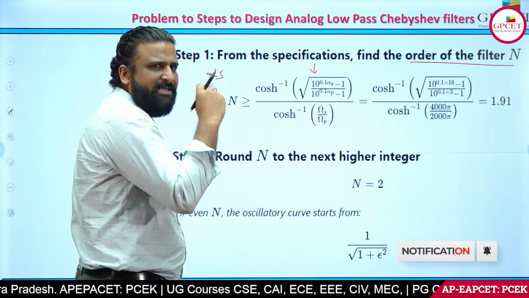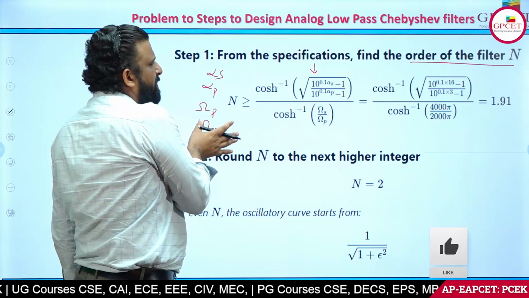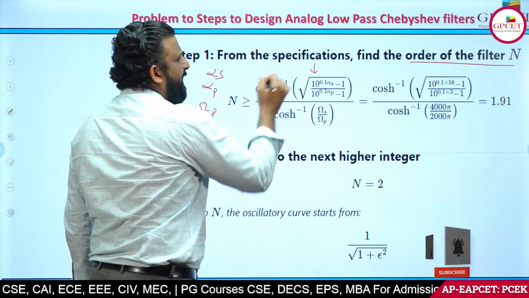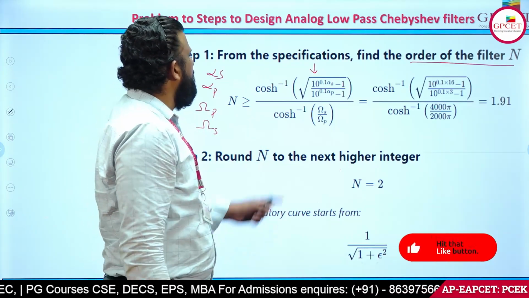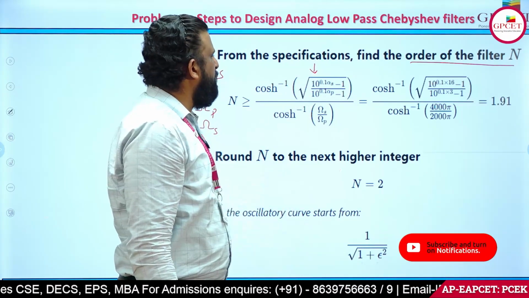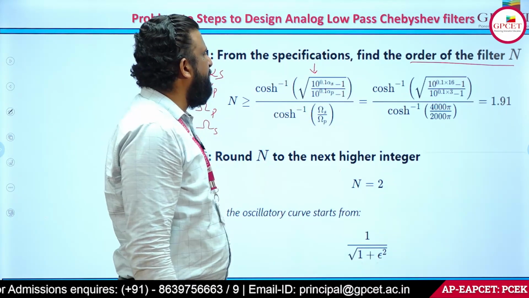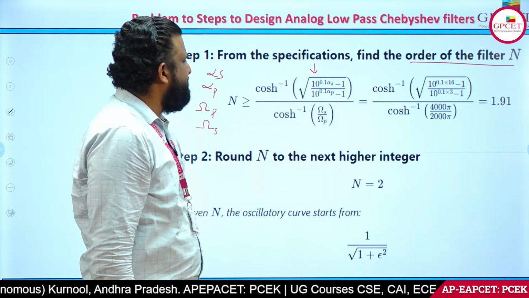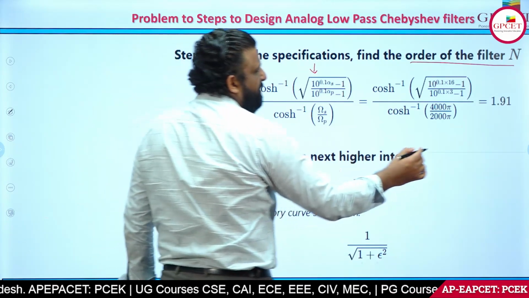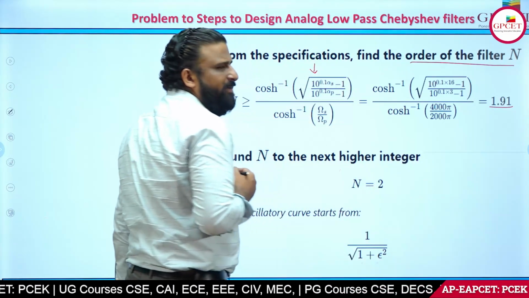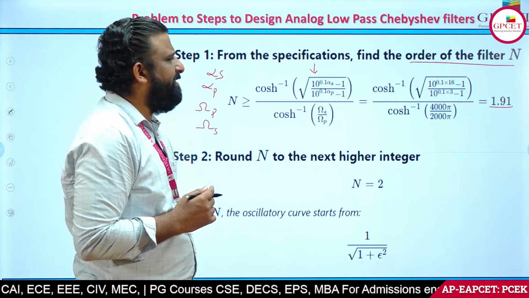We have seen 2 formulas in this step, and according to the specifications in the problem, I choose this formula: N greater than or equal to cosh inverse of square root of (10 to the power of 0.1 alpha s minus 1) divided by (10 to the power of 0.1 alpha p minus 1), whole divided by cosh inverse of omega s by omega p. After substituting all the specifications, the value I got is 1.91. So N is greater than or equal to 1.91.